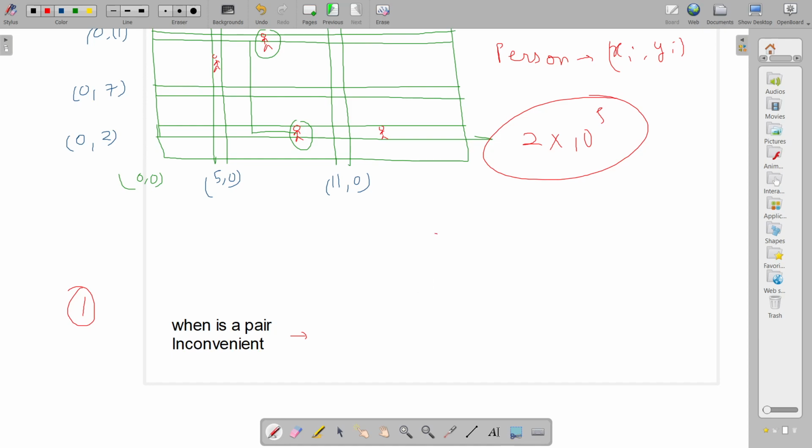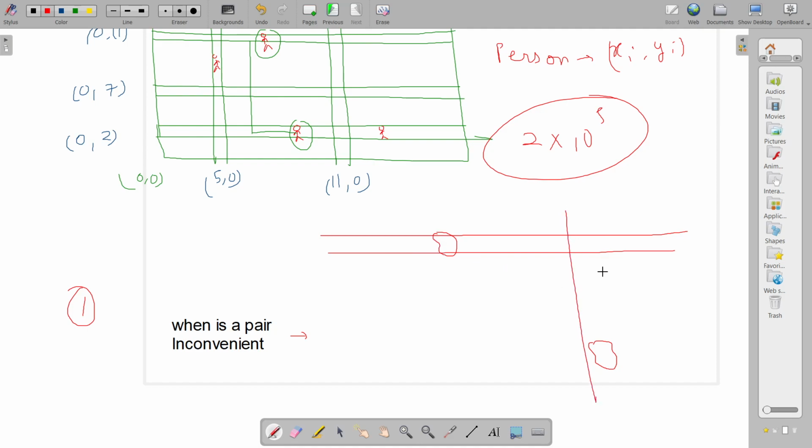Suppose we have two guys. We have one guy over here and one guy over here. The Manhattan distance between them is something like this. Suppose that initially this guy is in a vertical street and this guy is residing in a horizontal street.